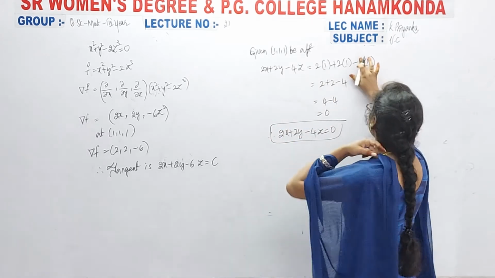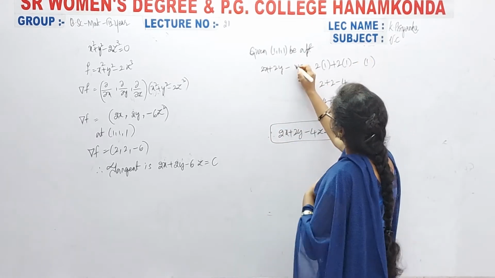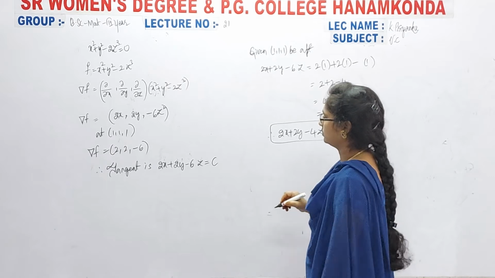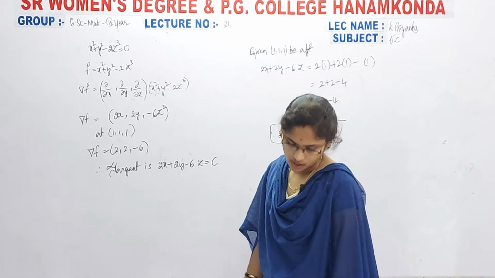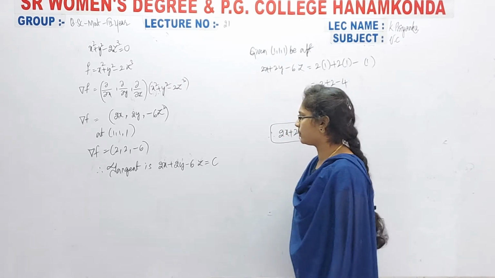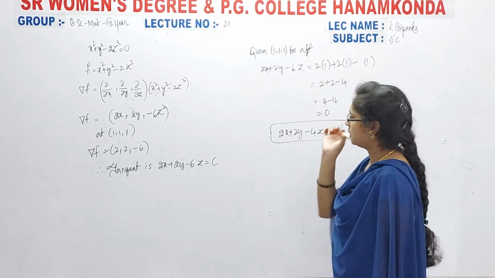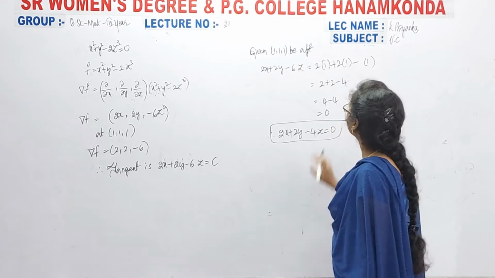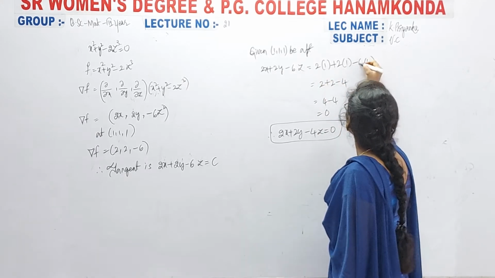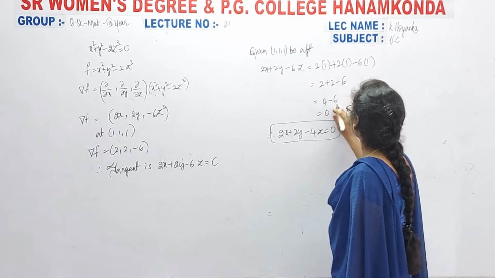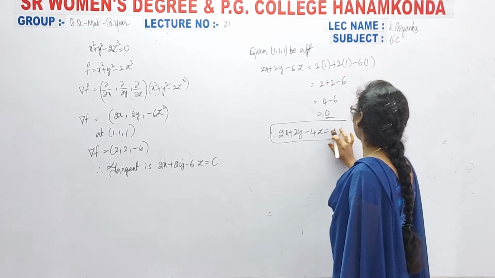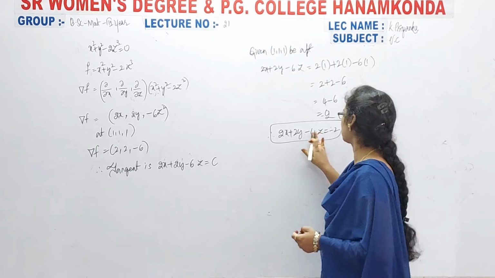So 2x plus 2y minus 6z is equal to 0. Minus 2, so therefore the constant value is minus 2.